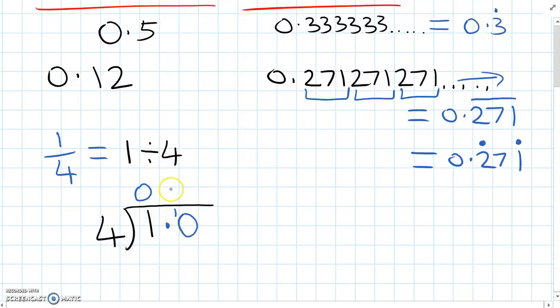How many times does 4 go into 10? 2, with 2 left over, carry the 2, and then how many times does 4 go into 20? 5. And our decimal places go up as well. So 1/4 we worked out as 0.25, and because we had no remainders, this one is terminating. So the answer is just 0.25.